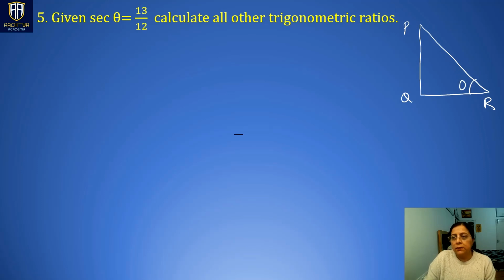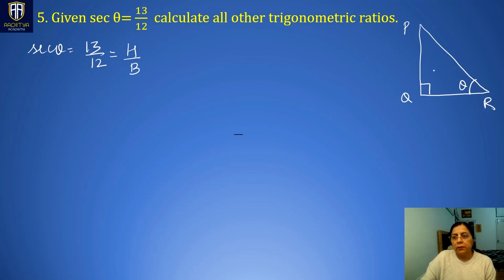I'm marking this as theta. Secant of theta is 13 over 12. Now again, this is the ratio. Secant is hypotenuse upon base.